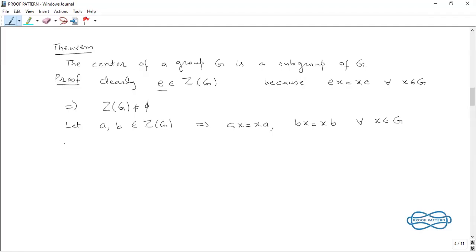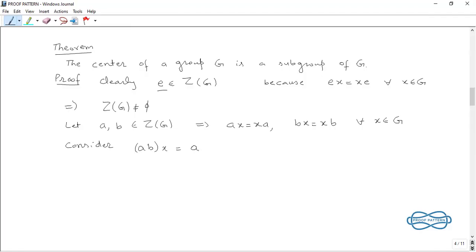Now we have to show that the center of G is closed under the binary operation. So we consider a, b, x. Since the associative law holds in the bigger set G, clearly the associative law holds in the center.